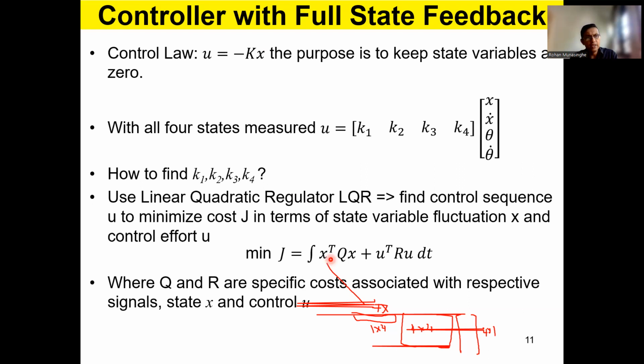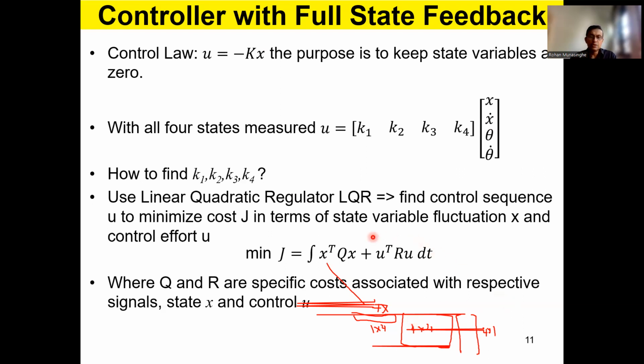But if you want to have higher cost for x and theta and lower cost for x dot and theta dot, you can change the diagonal elements accordingly. So you treat any non-zero x or non-zero theta as a high cost, and you want to reduce it more than x dot and theta dot; you can adjust the numbers accordingly.